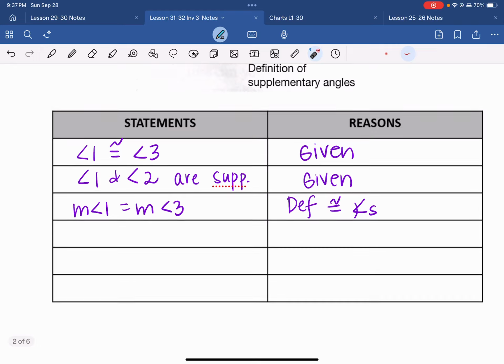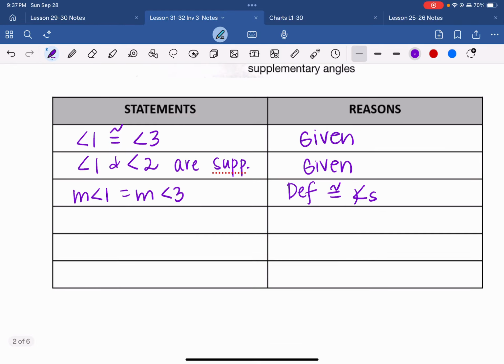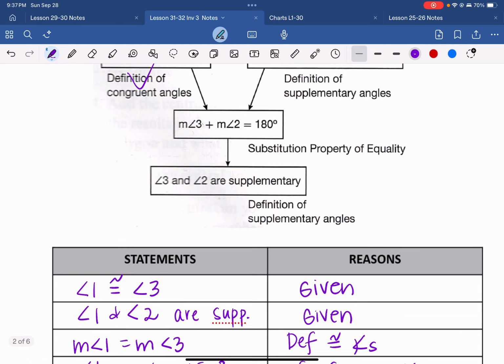Definition of supplementary angles. Once again, I'm going to abbreviate. Okay, we got that one.